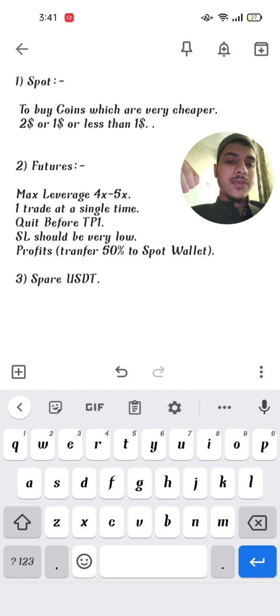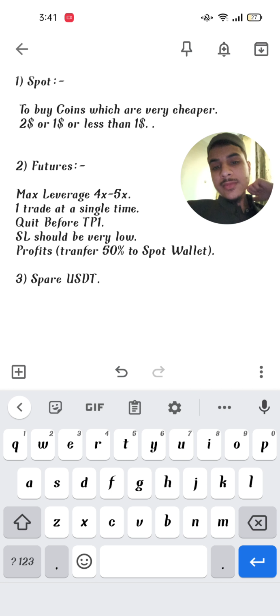But if you're a newbie and if you're new into crypto and you have just started future trading, so keep your leverage low, and do not open more than one single trade at a single time.